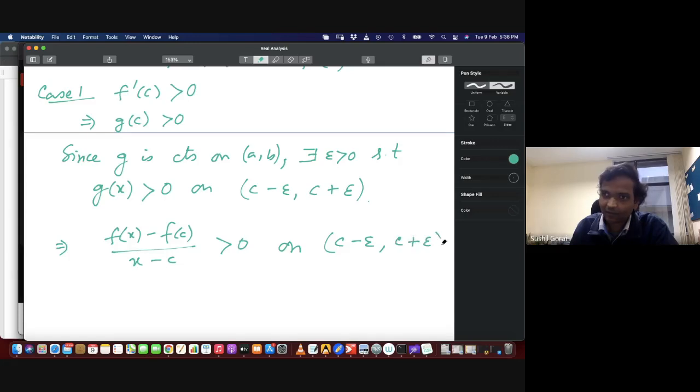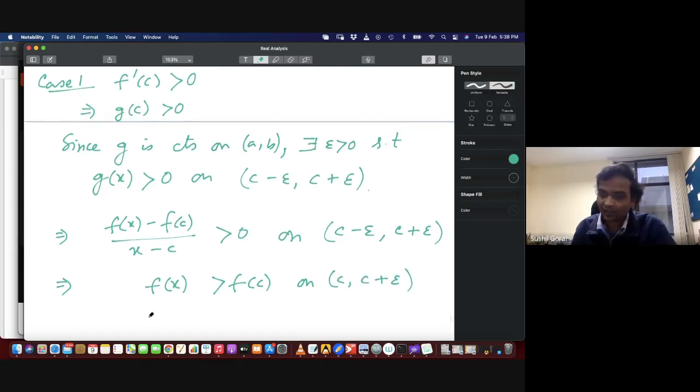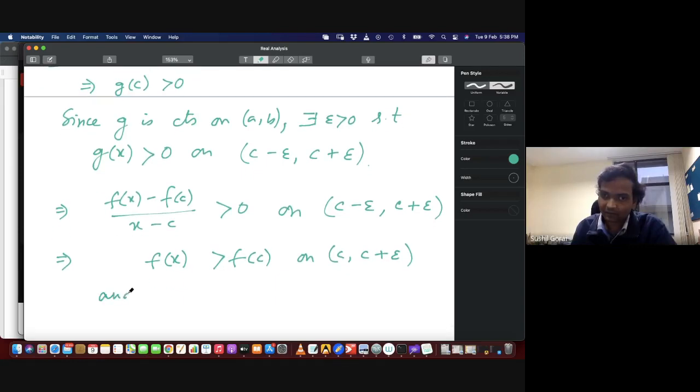So this implies f of x is greater than f of c on x bigger than c, so that is on c to c plus epsilon, and f of x less than f of c on c minus epsilon to c.